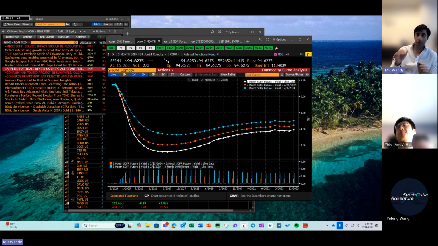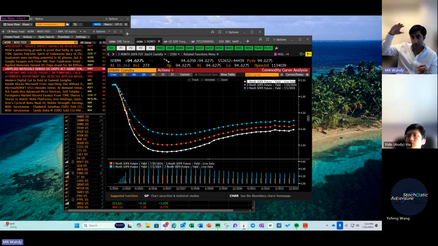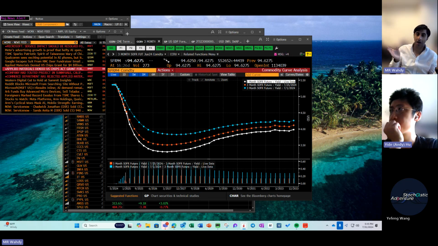The other thing is that when the Federal Reserve has an interest rate R above R star, when the actual nominal yield is above R star, it slowly siphons capital out of the economy. It increases the demand for savings and, on the margin, reduces consumption.